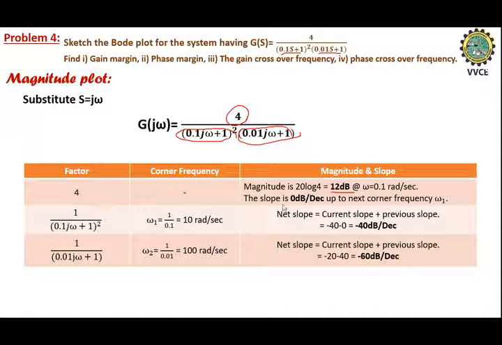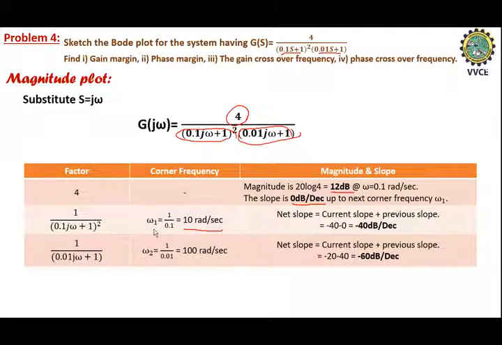So we consider the slope as 0 dB per decade till the next frequency, that is 10 radian per second. That is a horizontal line, which indicates 0 dB per decade slope, till the next corner frequency, omega 1.